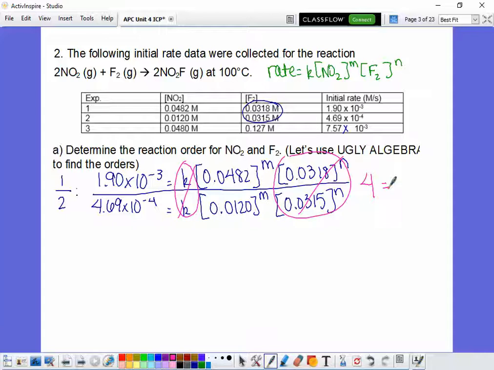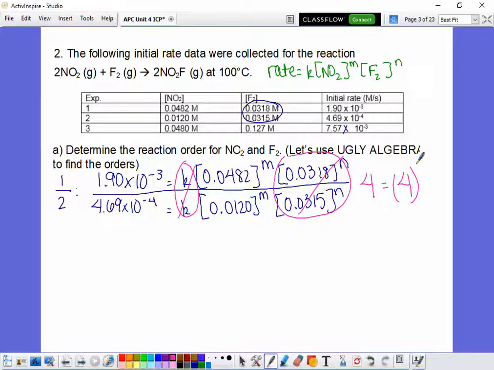It's like 4.05. And then when you do 0.0482 divided by 0.0120, you get 4. You're like 4.02, but it's roughly 4.